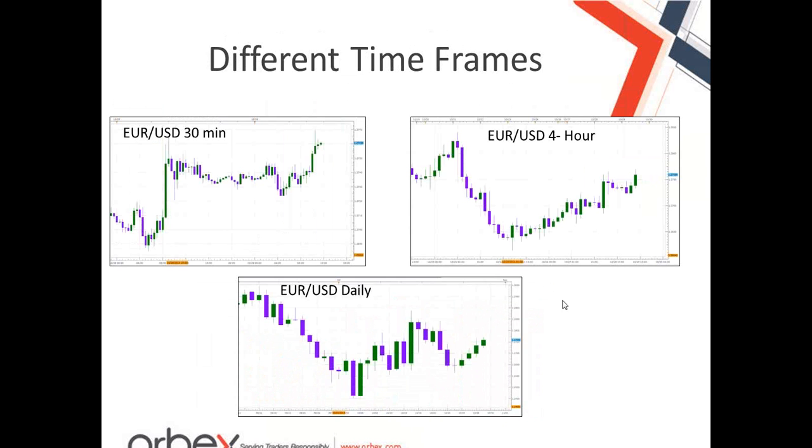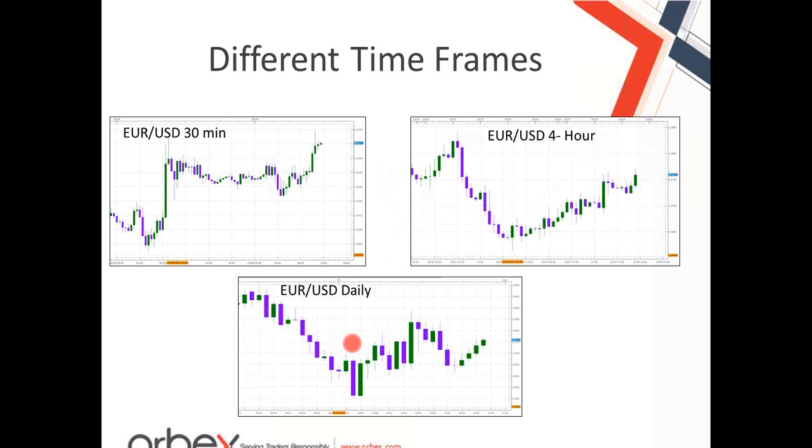So let's go back to the charts before we get into the indicators. And this is kind of a review for those of you who attended our previous webinars, and for those of you who are new today. A chart can come in different time frames. We're selecting only 3 of them over here, but you can set your chart on your Orbix platform on a 5-minute, 30-minute, 4-hour, 6-hour, 8-hour, daily, weekly, monthly, and so on.